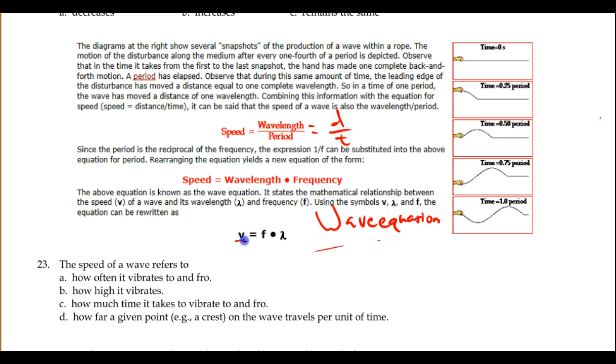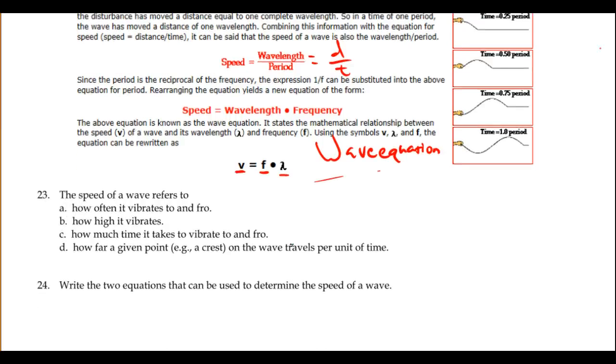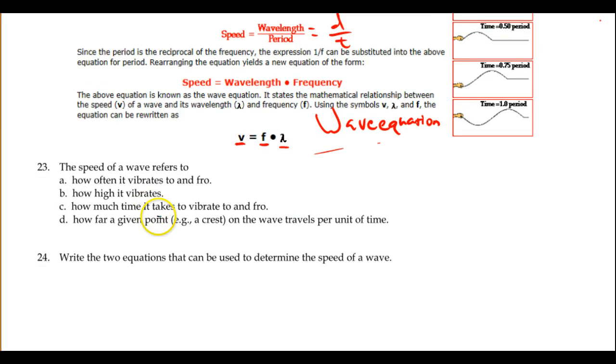Again, the speed, the velocity of the wave, is the frequency, how often it vibrates, usually in hertz, times the wavelength, the distance from crest to crest or trough to trough, etc., in meters. The speed of a wave refers to how far any one point on the wave is going to travel per unit of time.